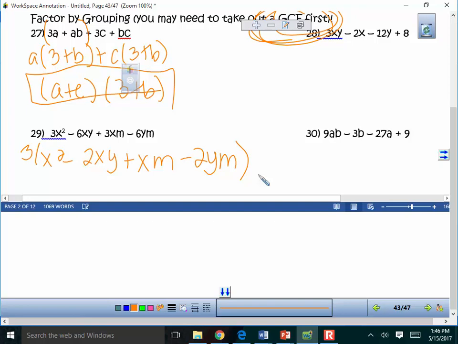If you choose not to factor out the GCF first, you will be penalized. When I said penalized, I meant I'm going to take points off your test, okay? If you don't factor out your GCF first, I will take off points. Is that clear?